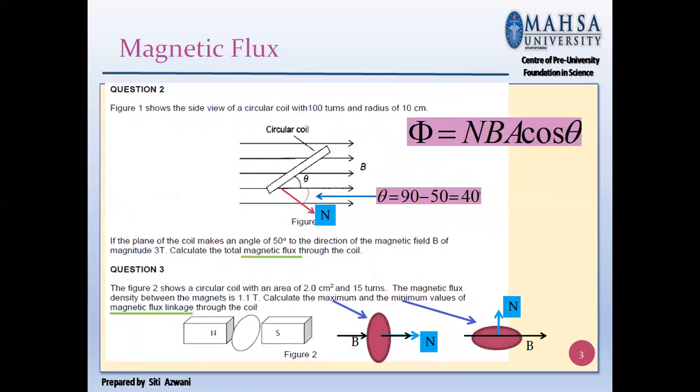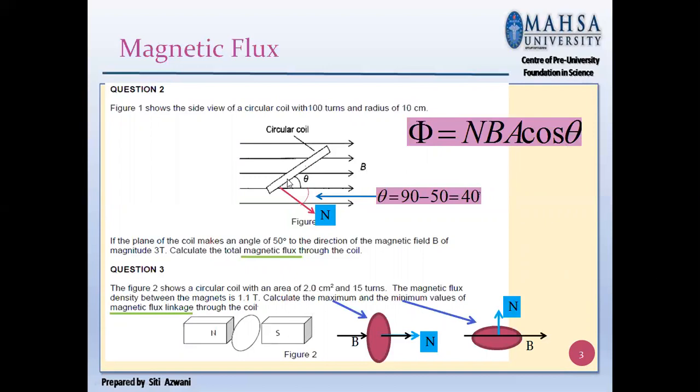The formula to calculate the magnetic flux is flux equals NBA cos angle. For this part, it's very important to understand how to measure the angle to substitute into your formula. That's question number 2.